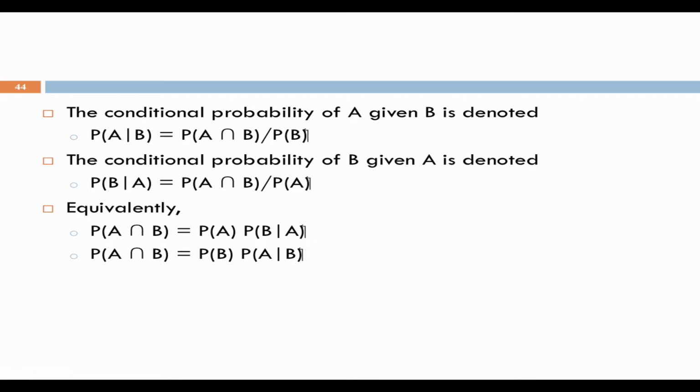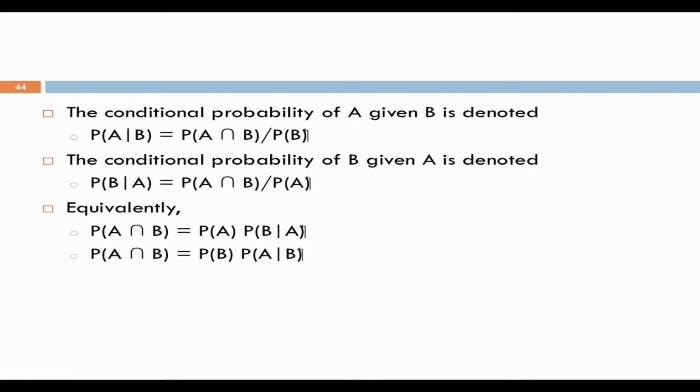This basically equals the probability of A intersect B over the probability of B. So mathematically, how do you understand that?